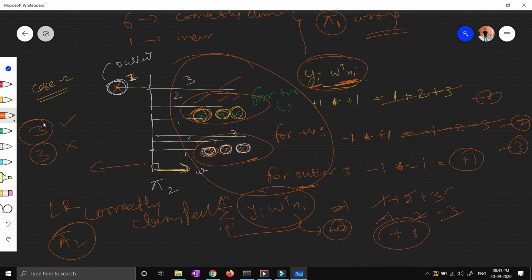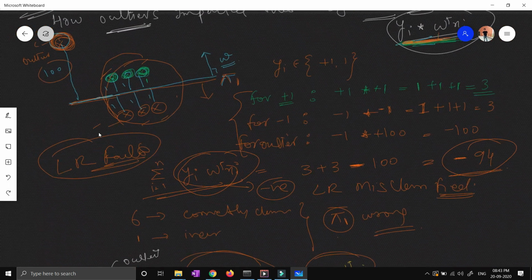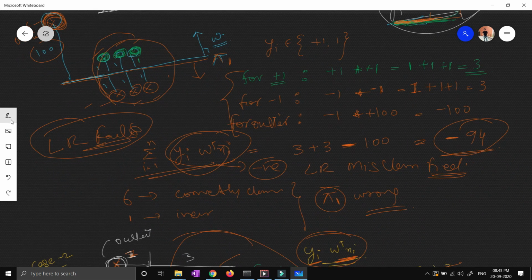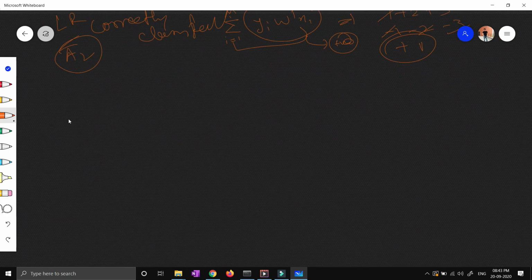So from the previous case 1, you can see that I was able to correctly classify the 6 points if I choose the plane pi 1. Mathematically or geometrically, if I choose the plane pi 1, we can have a good logistic regression plane pi which almost correctly classifies the points.